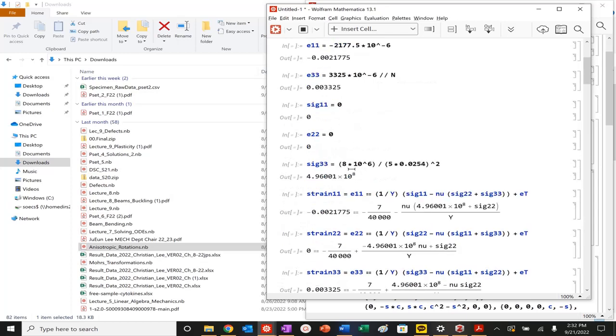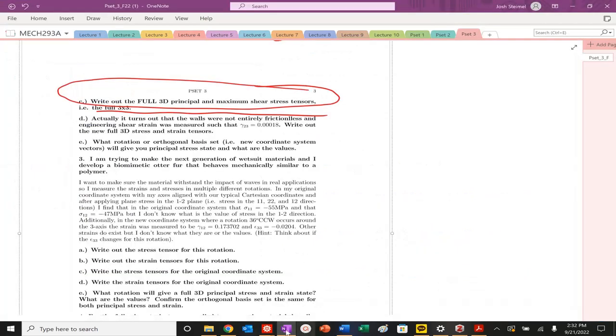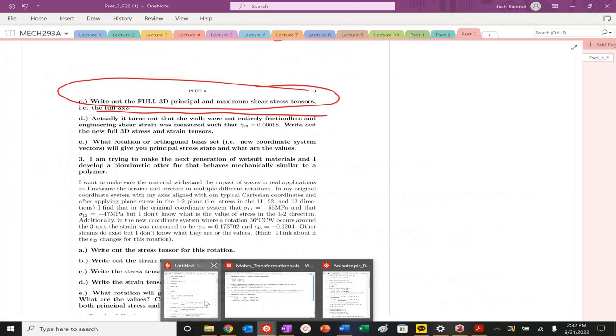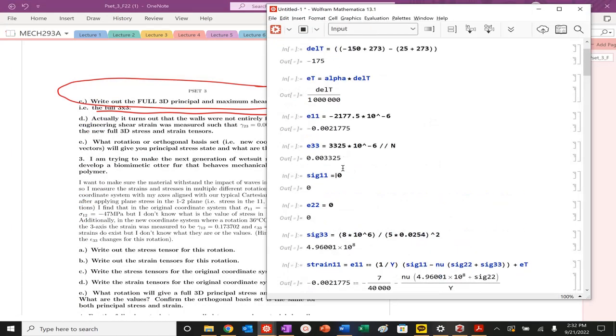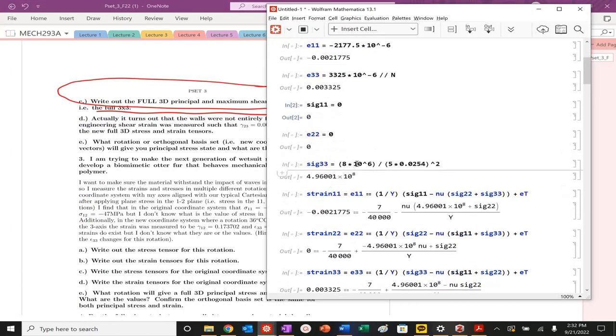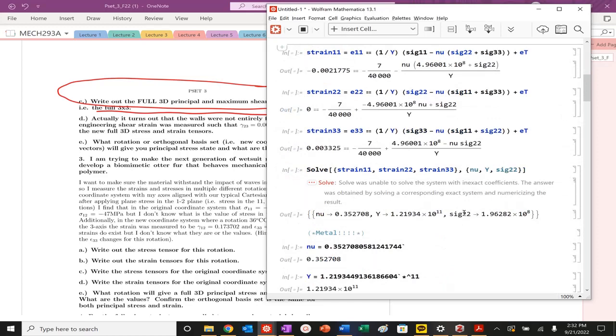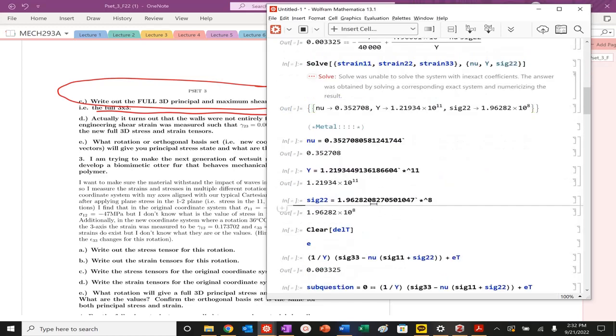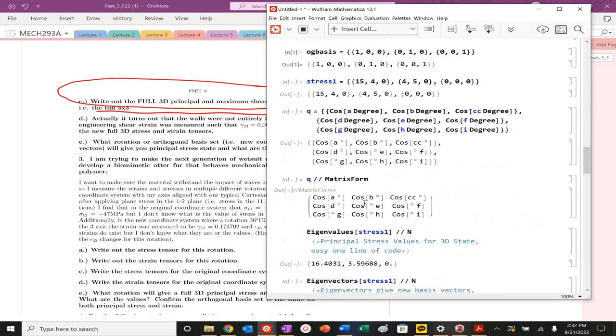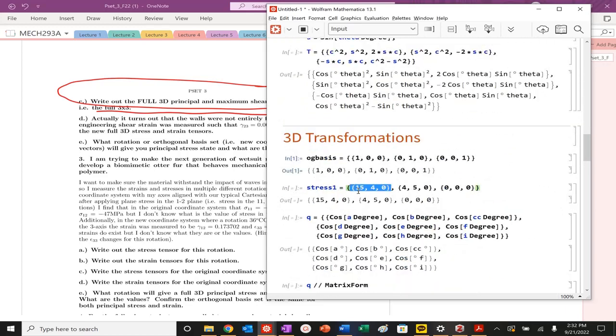Even though I've cleared my kernel, I can still recreate that stress tensor here. I'll Shift-Enter to evaluate these functions and define my stresses, and I can now start to go through my stress tensor.